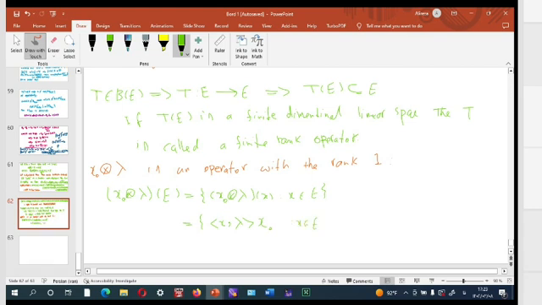Lambda of x is a scalar number, so that this is equal to the space generated by x0, okay? And this is a vector space of dimension 1, so that this operator is an operator with rank 1 because the dimension of the image of this operator is 1, okay?